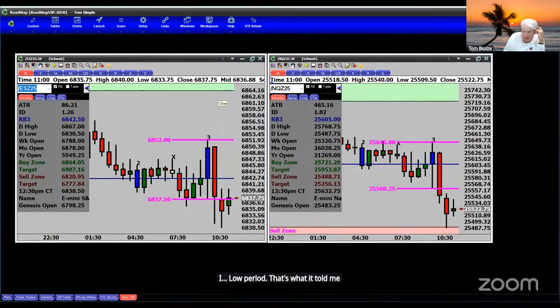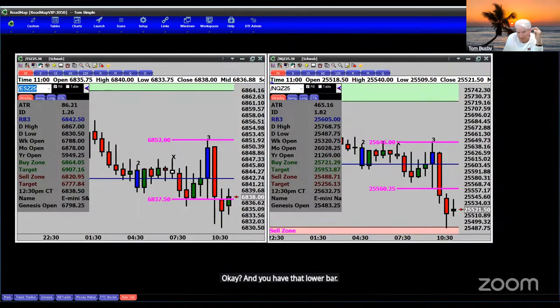And the other thing it told me, if you look at the day's opening from last night, it was 57. So you had two clues saying the market is profit taking, and you know it pretty early. You're below the day's open on the mini, and you have that lower bar.